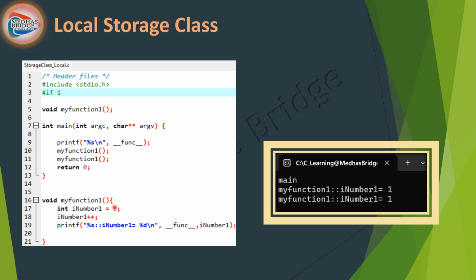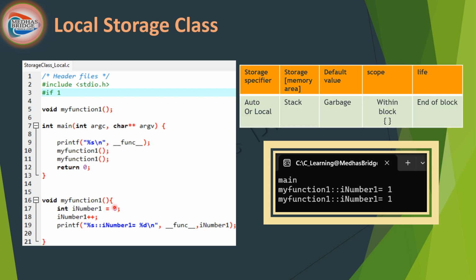Got it? If you understand a little more about this, this is called a local variable. Local variables mean the scope, the visibility, is only limited to this function or this block. These variables are allocated in memory on the stack.